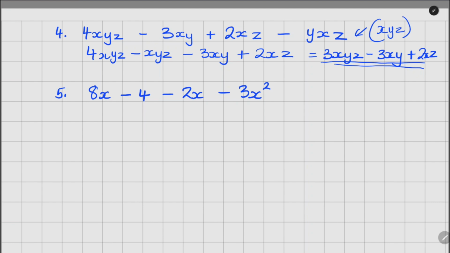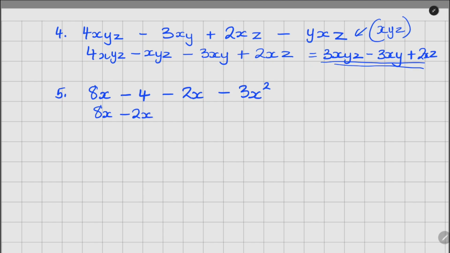Finally, let's take a look at question number 5. We have 8x minus 4 minus 2x minus 3x squared. The like terms here will be the 8x and minus 2x. So we collect them together to start with. We have 8x minus 2x.